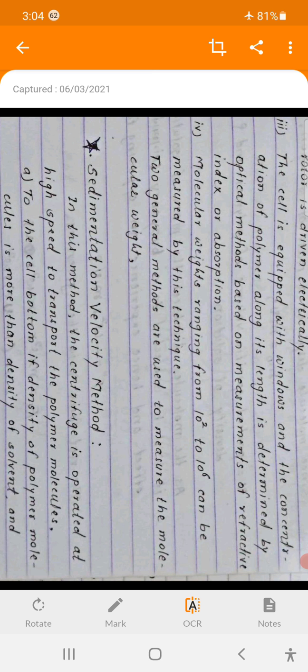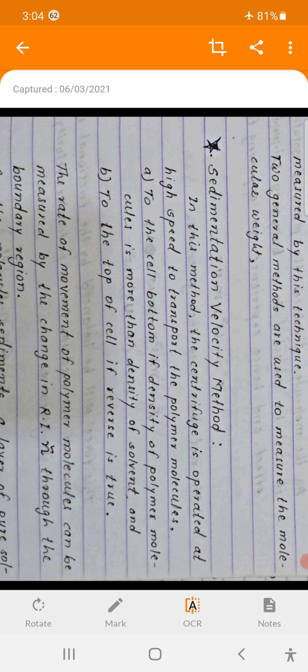And the ultracentrifuge again consists of two methods. Out of that, the first one is the sedimentation velocity method. In this method, the centrifuge machine is operated at high speed so as to transport the polymer molecules.